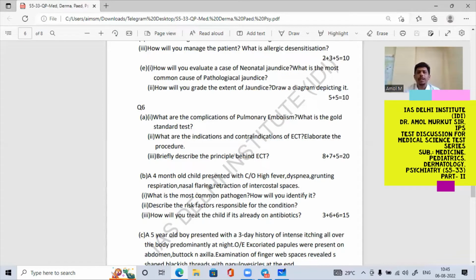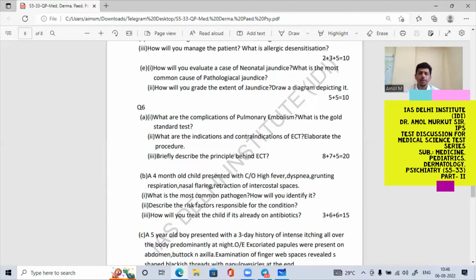Okay, contraindications. All the cerebrovascular pathologies or cerebrocranial pathologies we can call as a contraindication: raised CSF, previous stroke, severe hypertension, then any tumor. These are the various contraindications of electroconvulsive therapy.